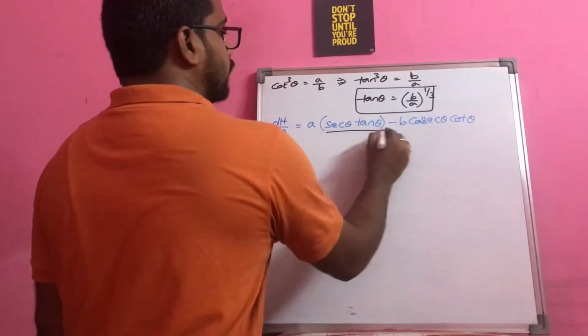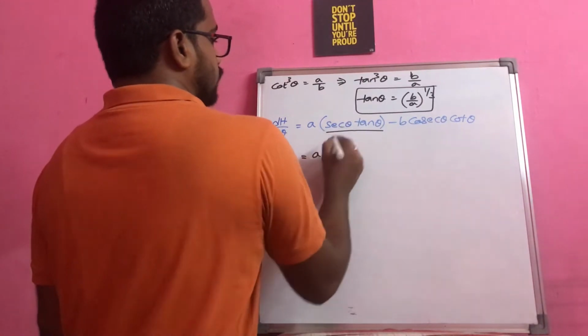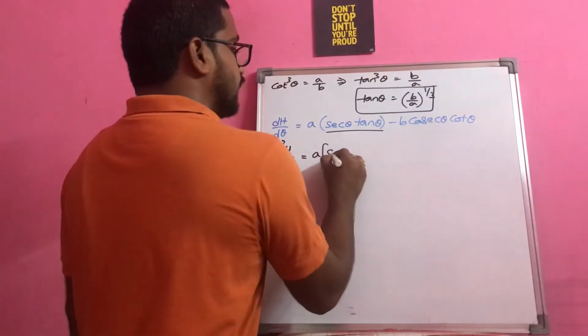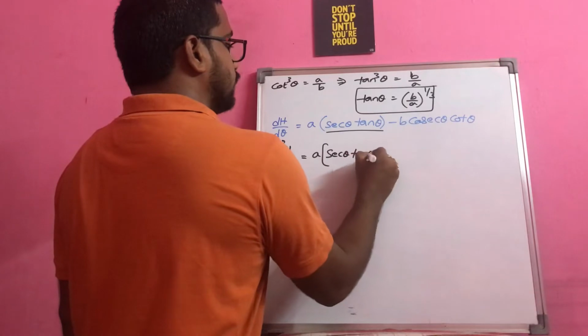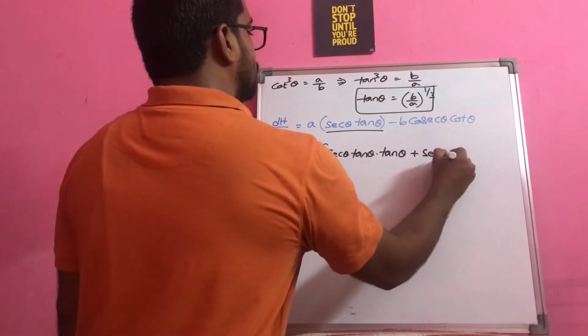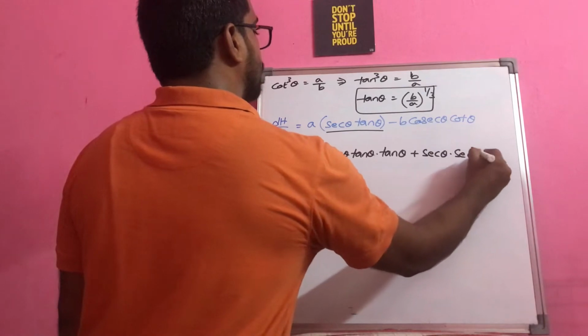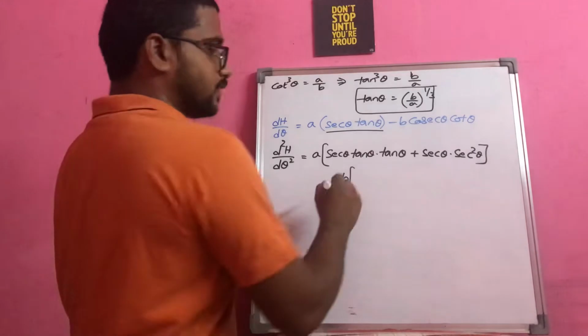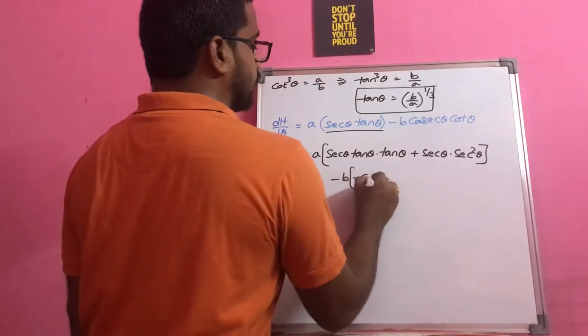Here you have to apply the UV rule. So a into secant theta differentiation is secant theta tan theta, so secant theta tan theta into tan theta will be as it is, and secant theta will be as it is. Tan theta differentiation is secant square theta, minus b into cosecant theta, differentiation is minus cosecant theta cot theta.